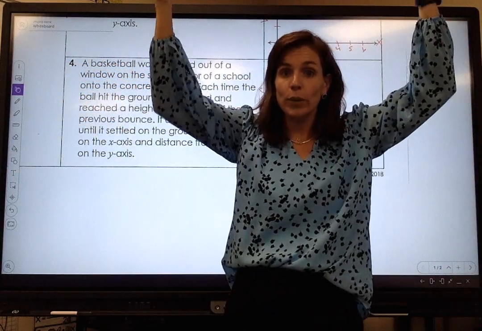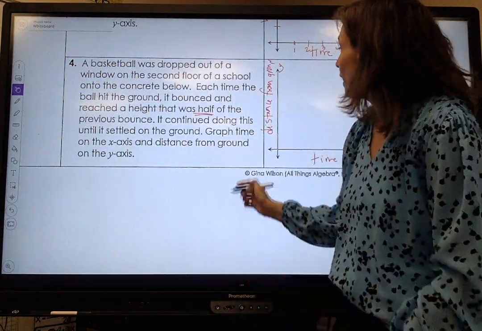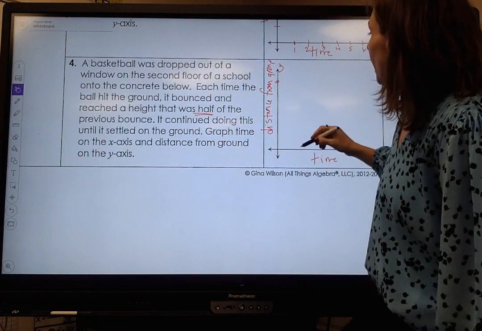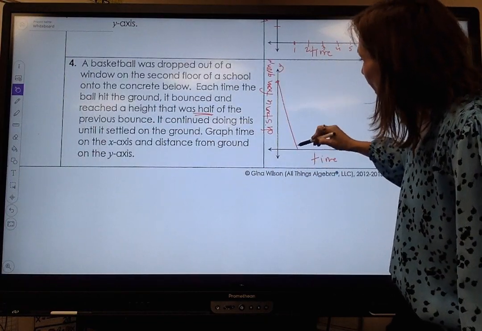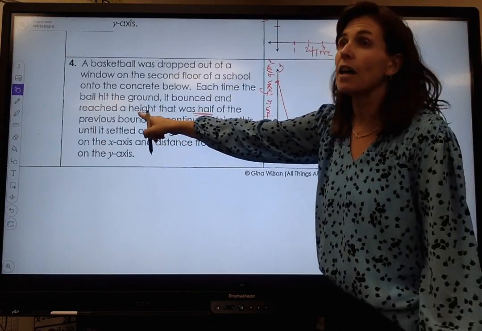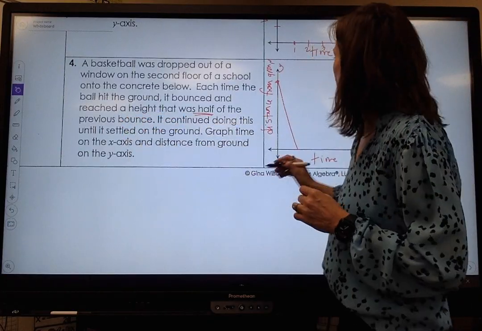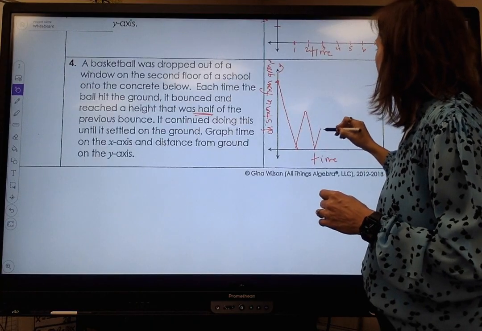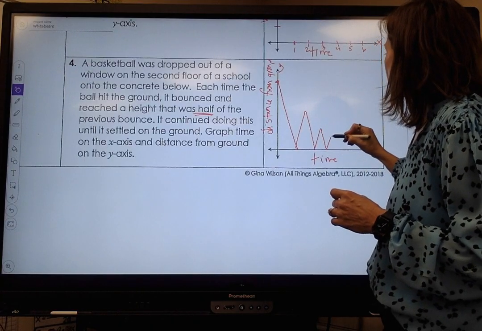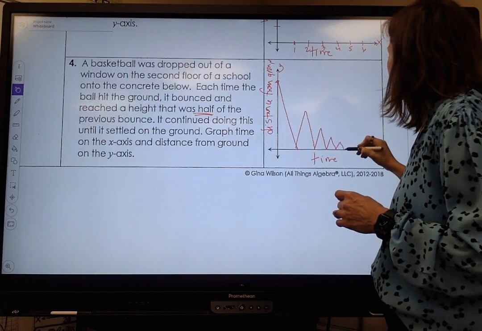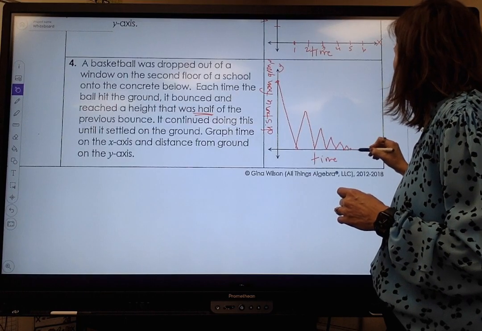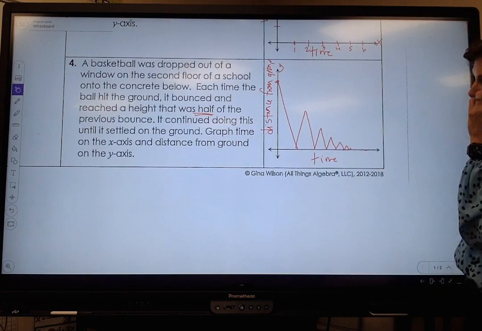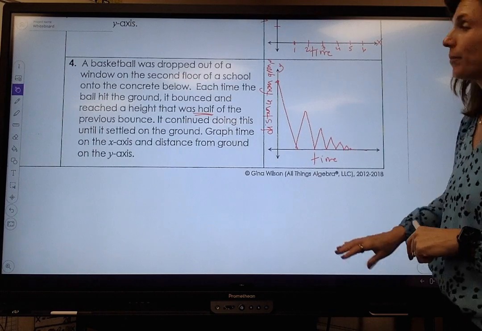It's being dropped out of a window, so it's not being dropped at 0. It's being dropped out here. And it goes down, and then it goes back up to half of what it was. Then drop down again, then back up to half, then drop down again, then back up to half, then drop down again, until it eventually goes flat. That's what that graph is going to look like.